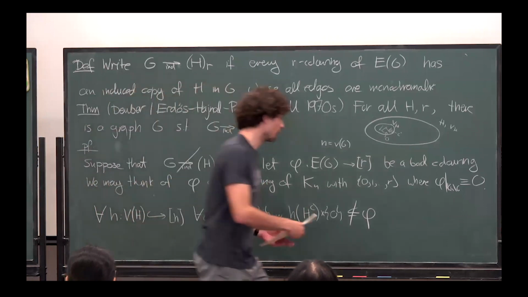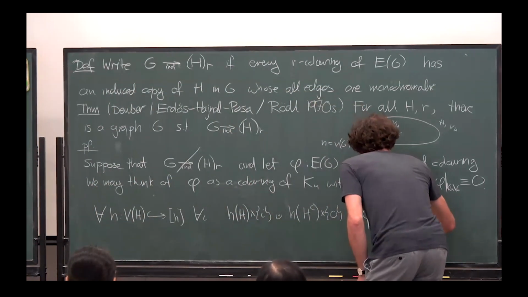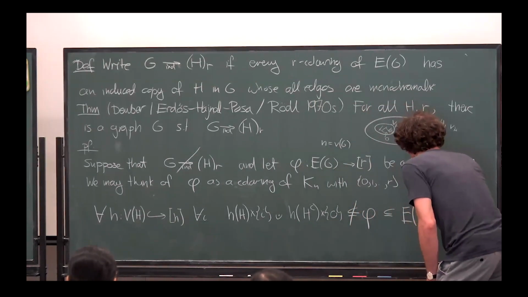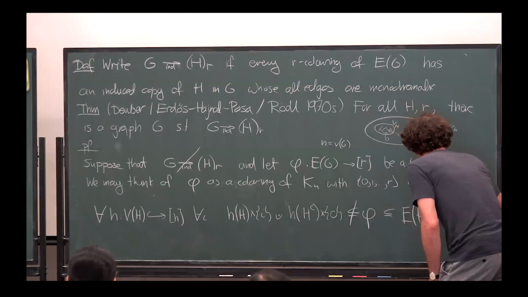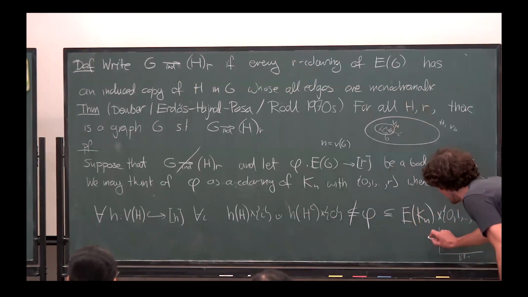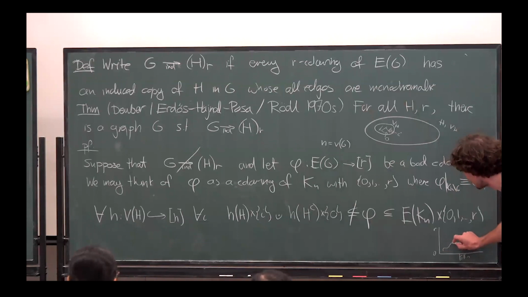So I think here of phi as its graph. For every edge in the complete graph, I have some color between 0 and R. So these are the edges, these are the colors from 0 to R, and I can just graph the coloring.